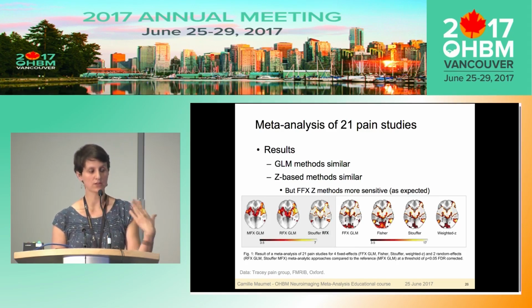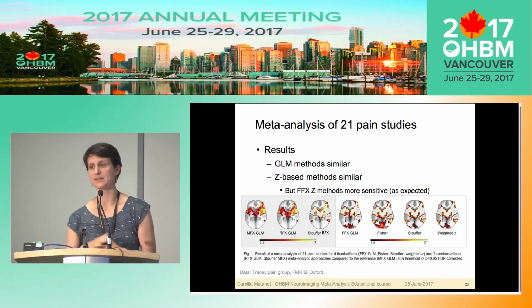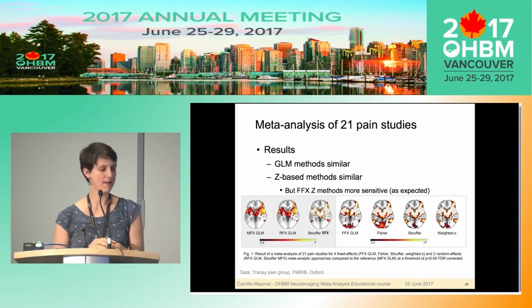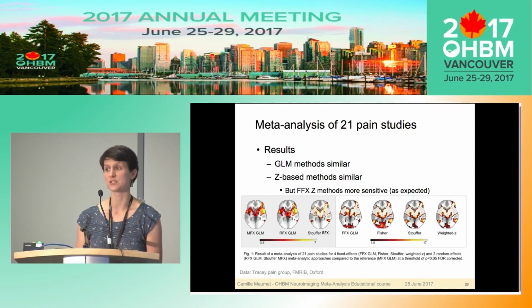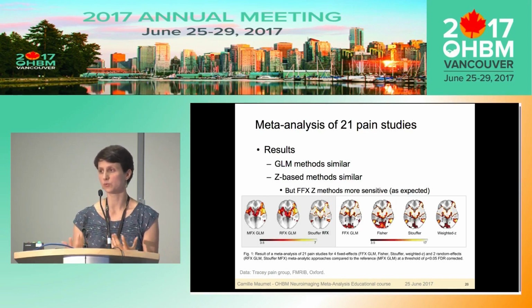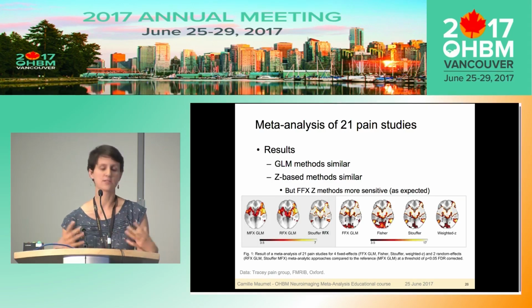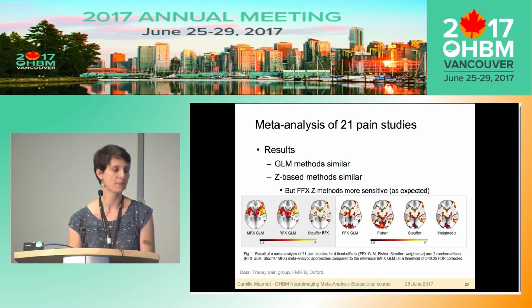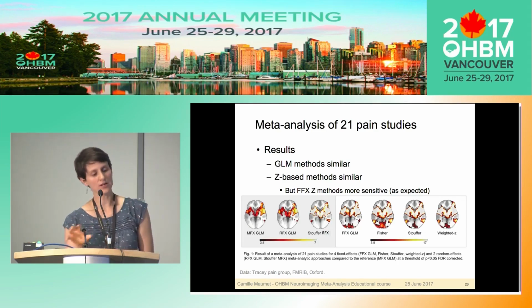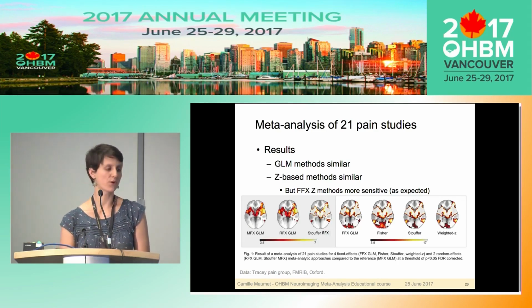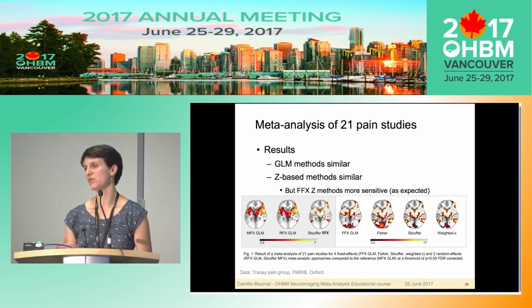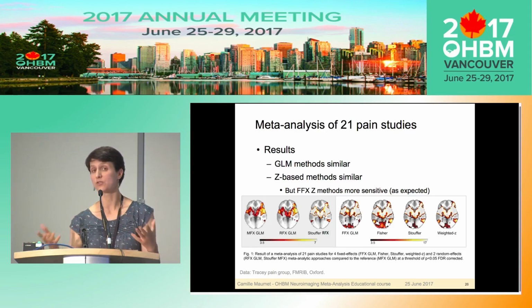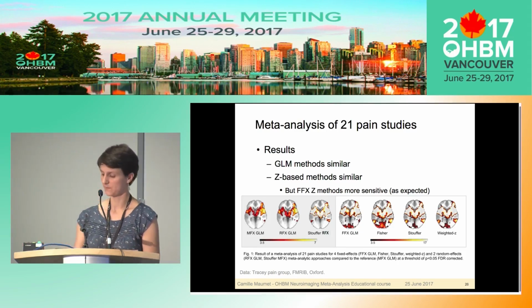The method on the far left is our gold standard, the mixed effects GLM, and you can see that we get very similar results with random effects GLM, which is very similar to what was shown for group fMRI, because here we're looking at a one-sample test. On the other hand, all the fixed effects approaches are quite similar to one another, and they are more sensitive, which is expected because, again, we are ignoring this between study variance.